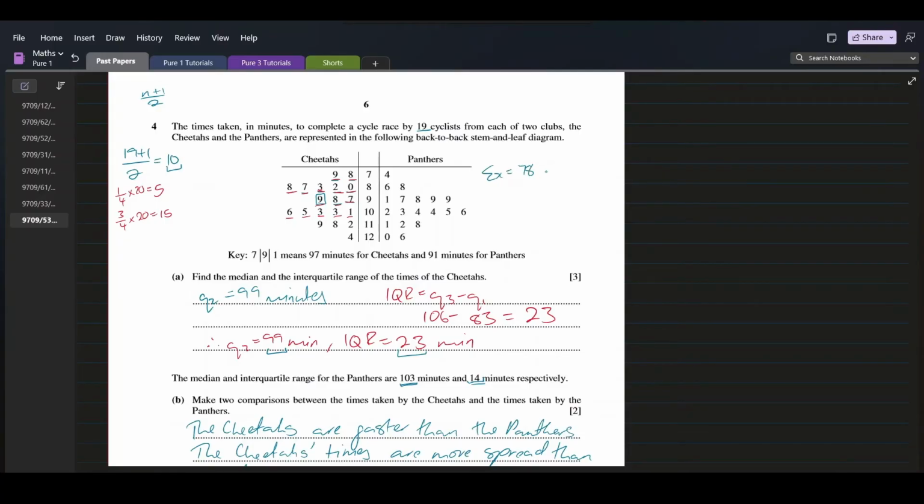So that's 78 plus 79 plus 80 plus 82 plus 83 plus 87 plus 88 plus 97 plus 98, 98 plus 99 plus 101 plus 103 times 2 plus 105 plus 106 plus 112 plus 118 plus 119 plus 124.